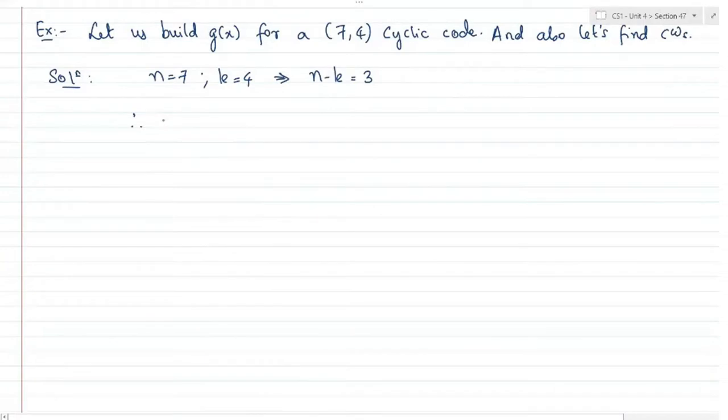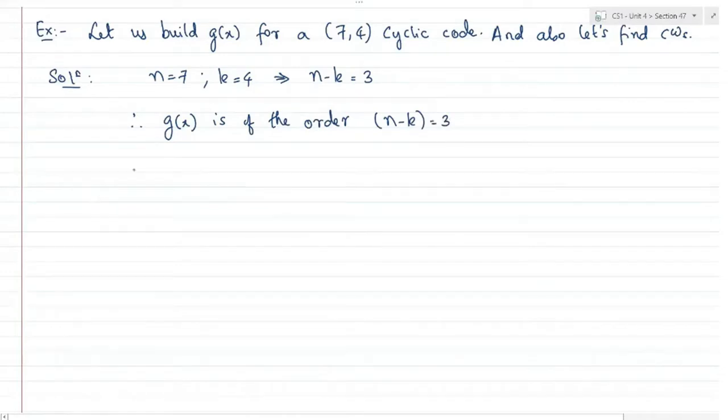Therefore g of x is of the order n minus k, which is 3. We know that this generator polynomial g of x should be a factor of x power n plus 1.